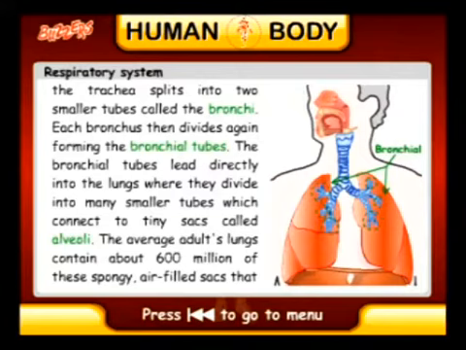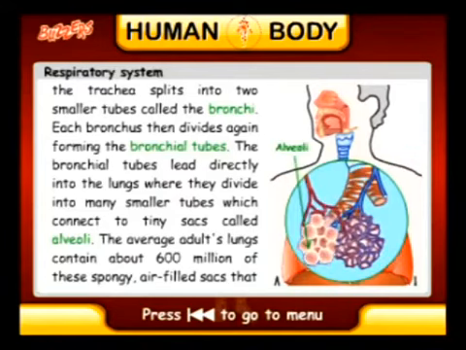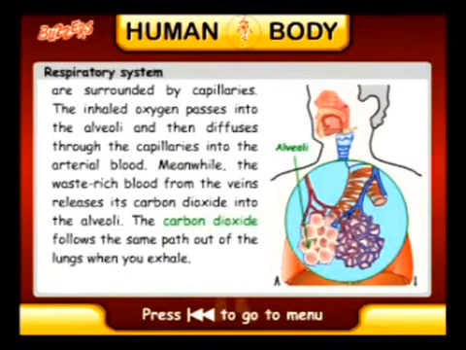The bronchial tubes lead directly into the lungs, where they divide into many smaller tubes which connect to tiny sacs called alveoli. The average adult's lungs contain about 600 million of these spongy, air-filled sacs that are surrounded by capillaries.